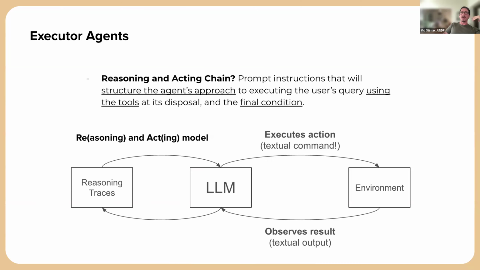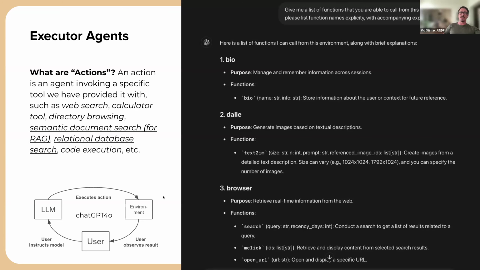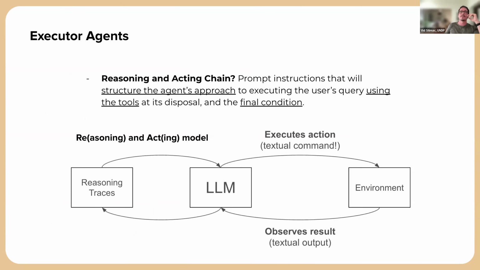So let's talk about how these agents can act, right? So we saw that we have a model that can act and then can observe the results. But as you can see in normal GPT, the user is the one who evaluates, right? So we need some other element here. We need to explain to the model how it should reason.